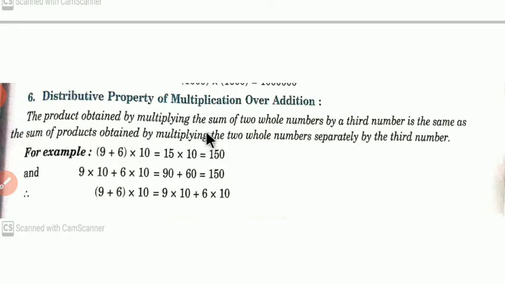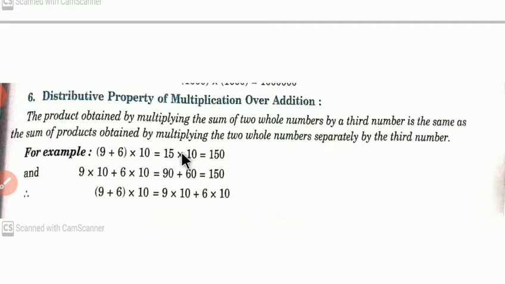So the product obtained by multiplying the sum of two whole numbers: we have multiplied 10 by the sum of two whole numbers 9 plus 6, 15, which is equal to 150, which is the same as the sum of the products obtained by multiplying the two whole numbers separately by the third number. Here you can see we have multiplied 9 and 6 by the third number 10. After that multiplication we have added the answers, so then also we'll get the same answer.